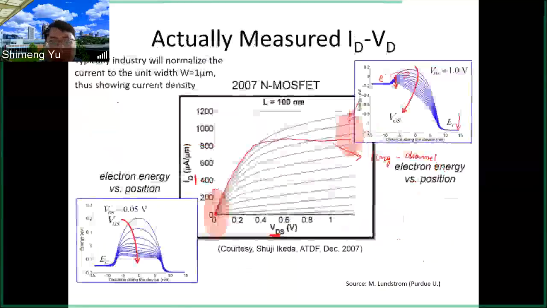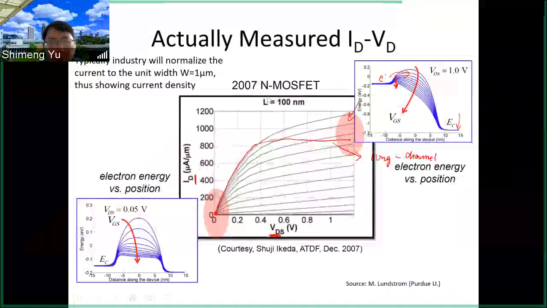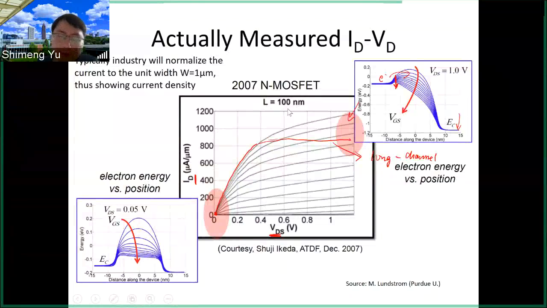And then we look at the actual ID-VD curve from a real device. For example, here the device with an L of like 100 nanometers. So this is kind of a short channel device. This is more than 10 years ago, but still representative.